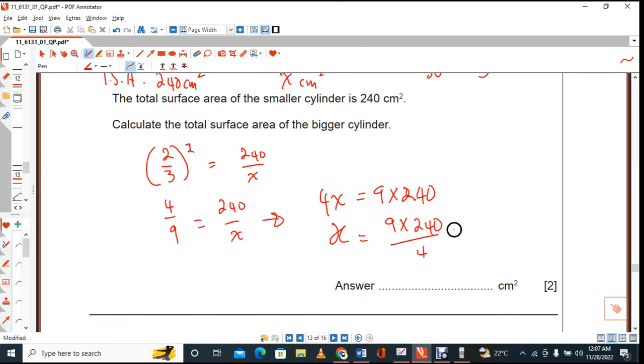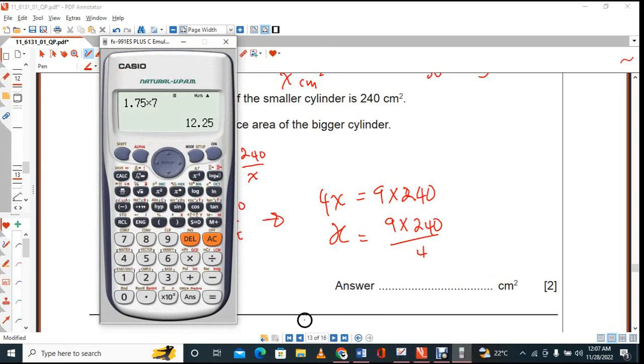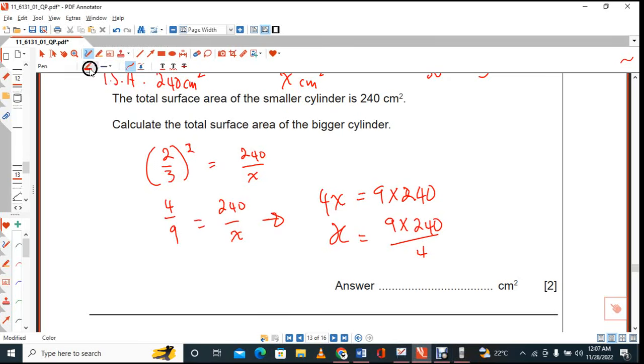Okay, right. So I'm going to grab the calculator here. I'm going to say 9 times 240, and I'm dividing that answer by 4. So the bigger one will therefore have a total surface area of 540 square centimeters.